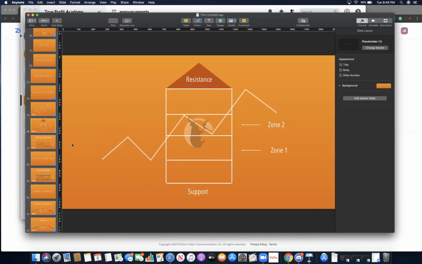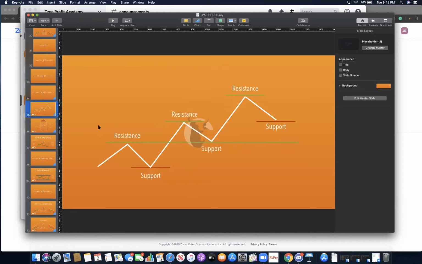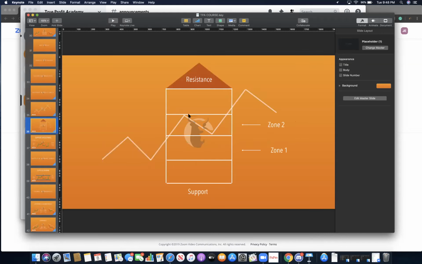So overall, the importance is to understand support as your floor, resistance as your ceiling, right? Resistance being the highest price that the market reached, and support being the lowest price that the market reached. In that, as we understand in the analogy of a home, right?